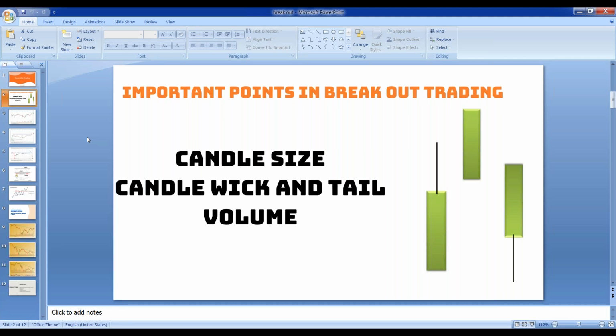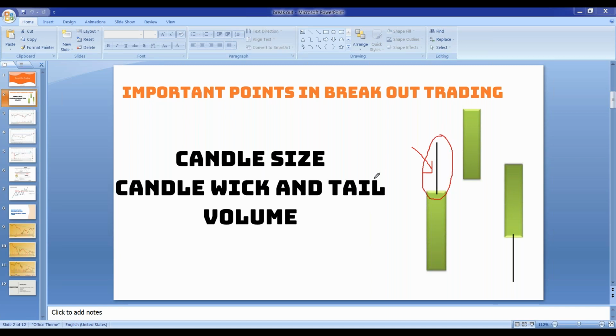I have shared three images here. The first image has no wick or no tail. Hope you all are aware about wick and tail. If you are seeing this first image, this is known as wick, and this wick is on the upper side. It means someone has sold in this candle. Someone has sold from the upper area.